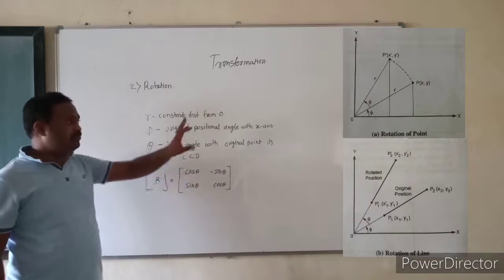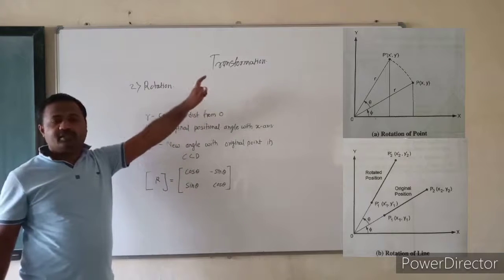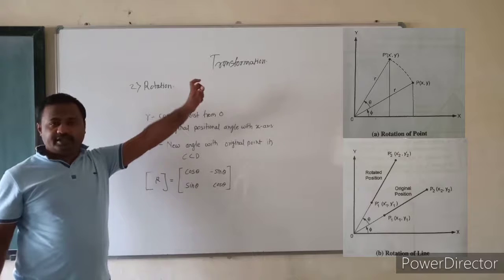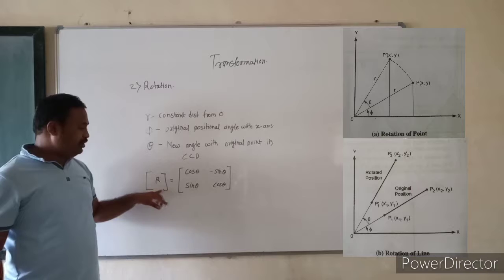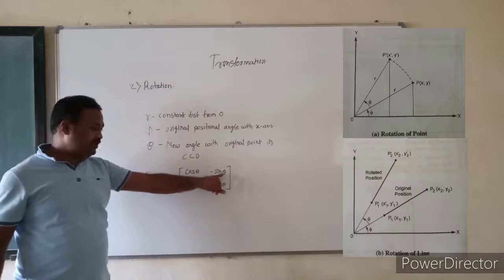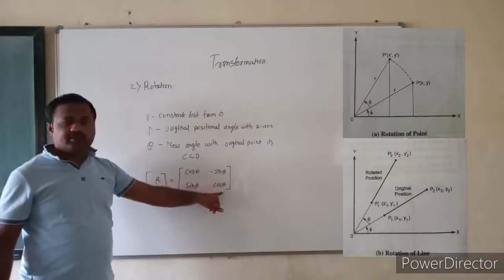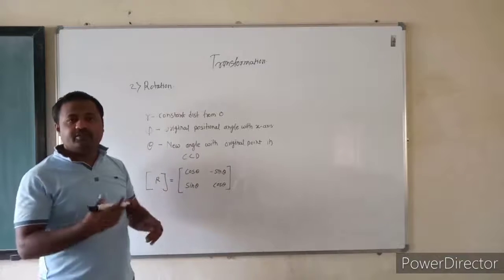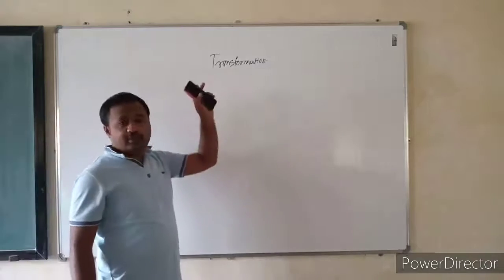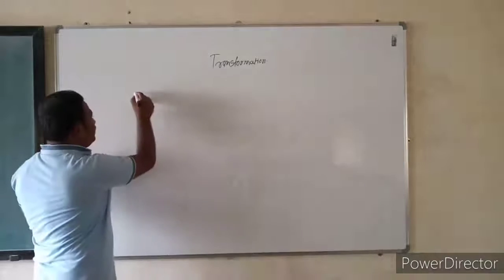For finding the new coordinates of P dash, x dash, y dash, we use the rotational matrix of cos theta, minus sin theta, sin theta, cos theta. Okay, go for next. The third type of transformation is scaling.